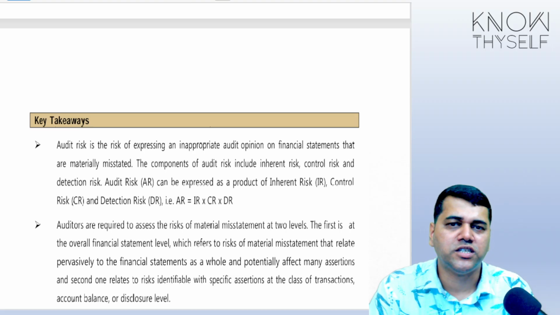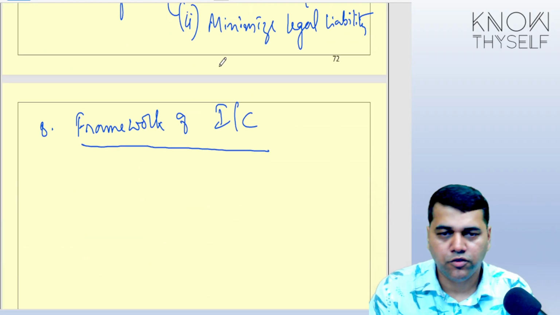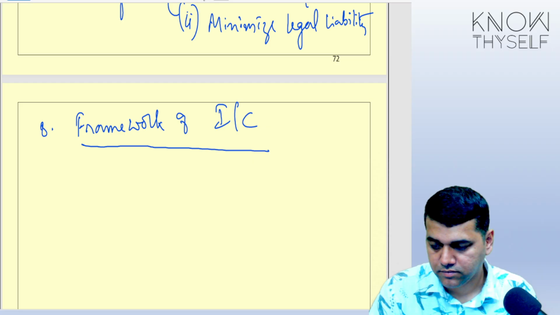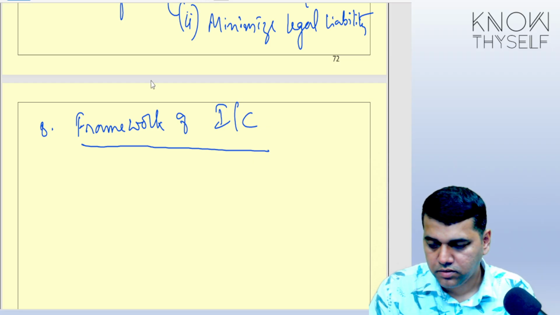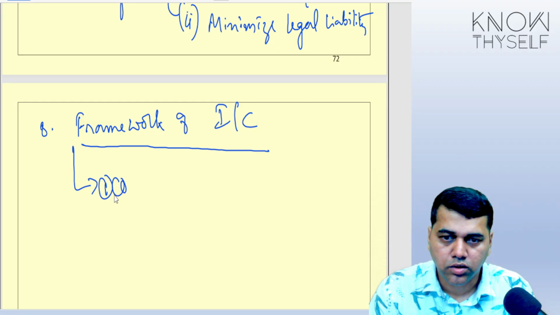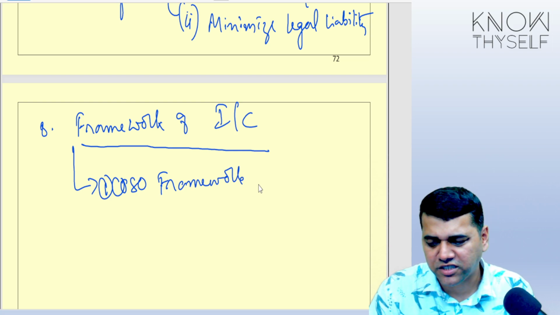There's nothing much here of the mind map, framework for internal control. One, COSO framework. Because there's nothing much here, friends, I don't think they will ask you any questions.